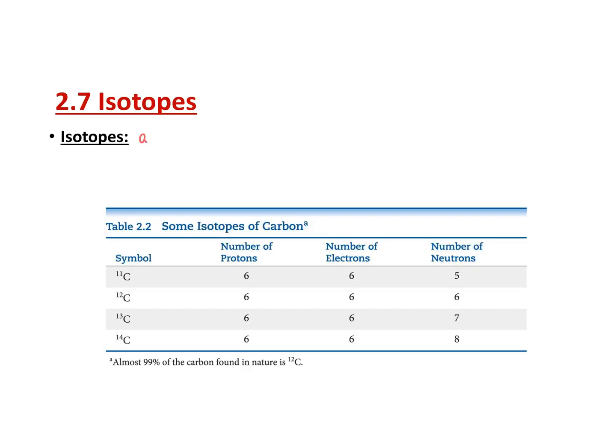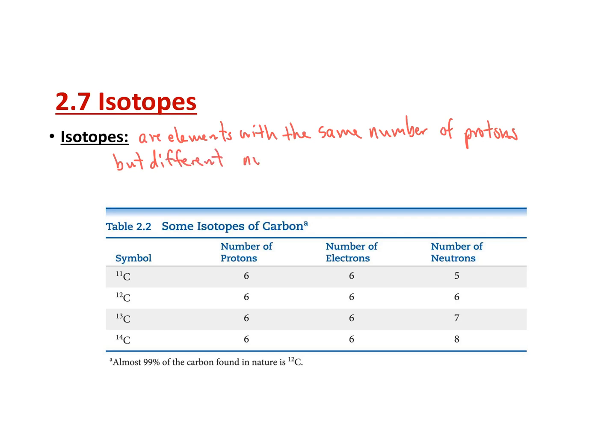Isotopes are elements with the same number of protons but a different number of neutrons.